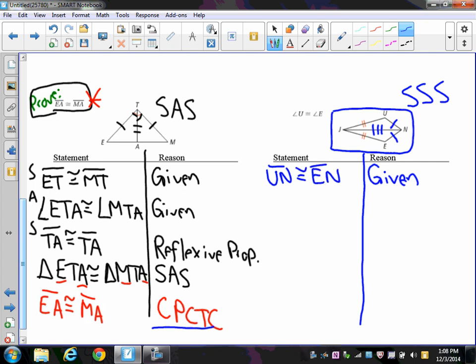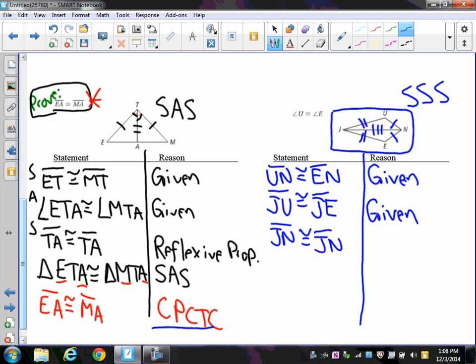That's given to us. We're also given that segment JU, the one with 2 marks, is congruent to segment JE. That's given. Lastly, we just marked it by ourselves. Segment JN is congruent to segment JN.